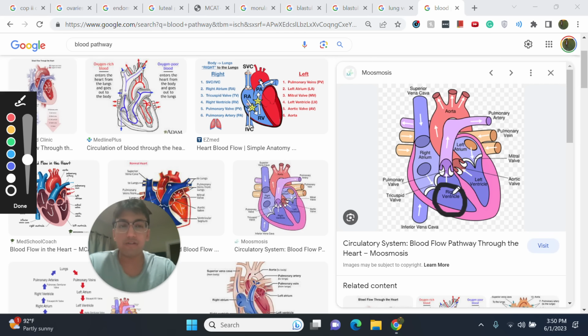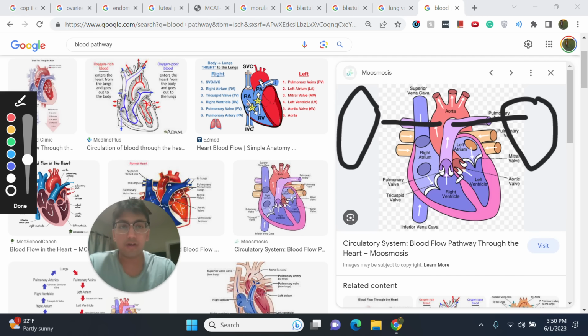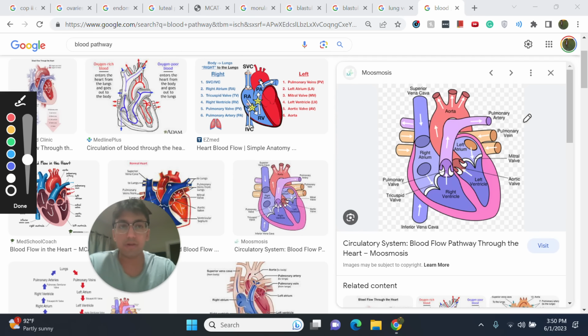The right ventricle is going to send it through the pulmonary artery, right? And it's going to go left and right through your pulmonary artery to your lungs. This is your lungs right here. So all the deoxygenated blood is going through your pulmonary arteries to the lungs.